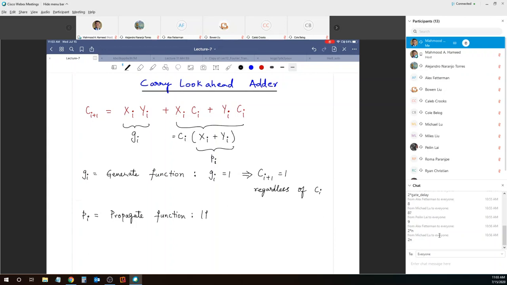Because if p sub i is 1, then c sub i equals 1 will propagate to c sub i plus 1 equals 1. In other words, if c sub i is 1, then p sub i equal to 1 will propagate it to c sub i plus 1.